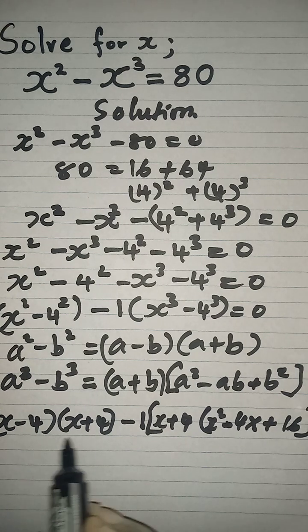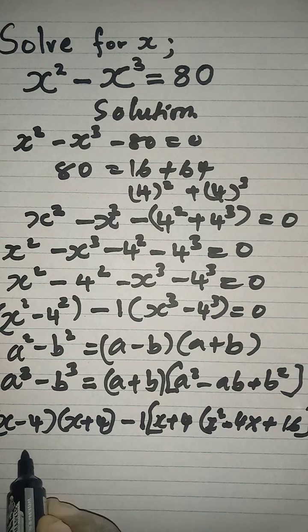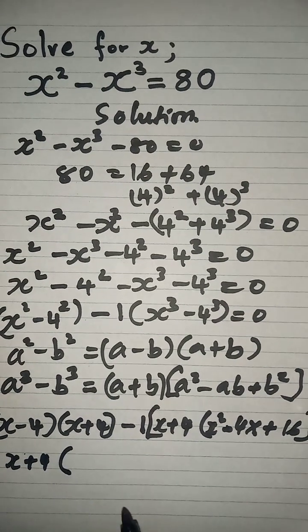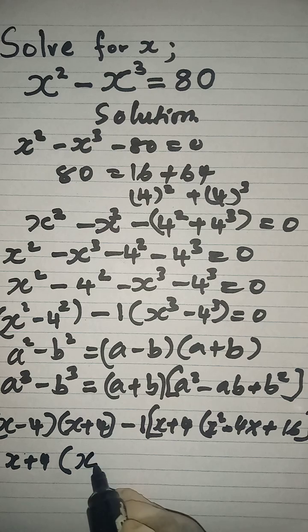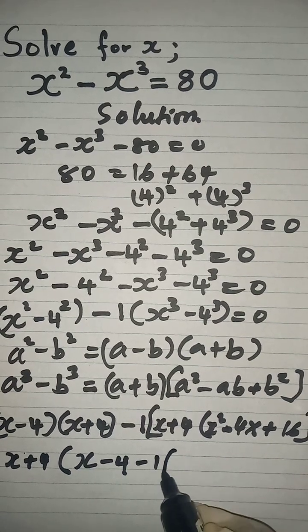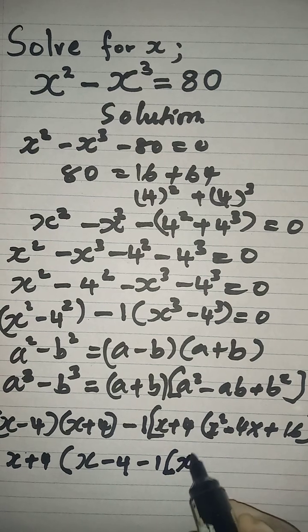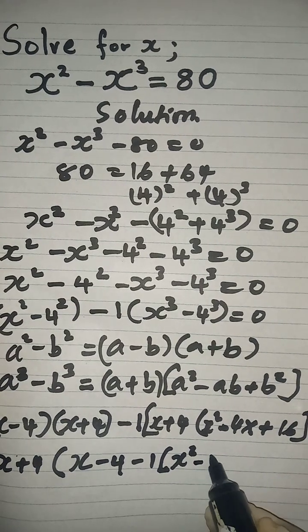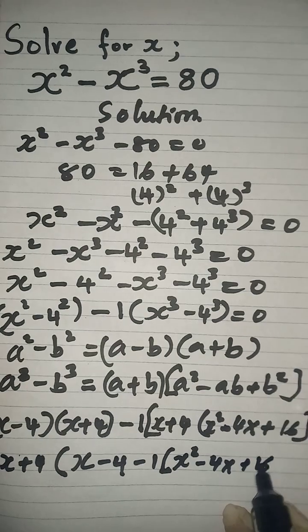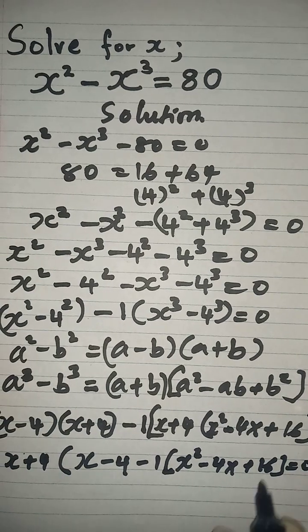So guys, I can factor out x minus 4, so that I'll have x plus 4 minus 1 in brackets, x squared plus 4x plus 16 is equal to 0.